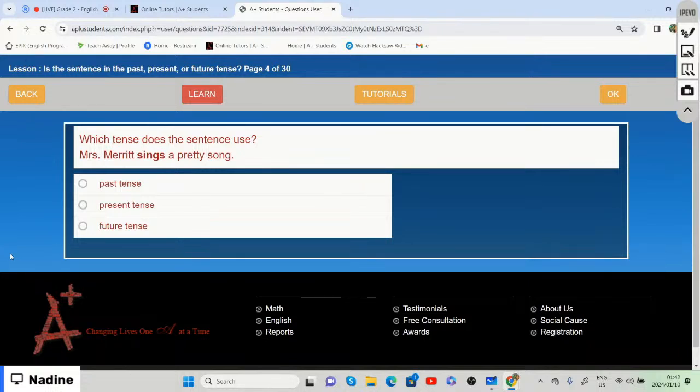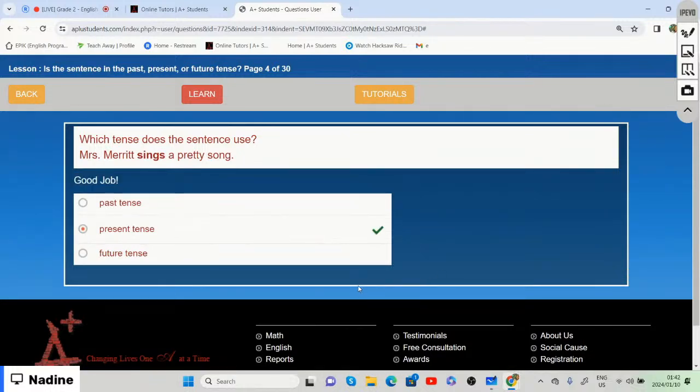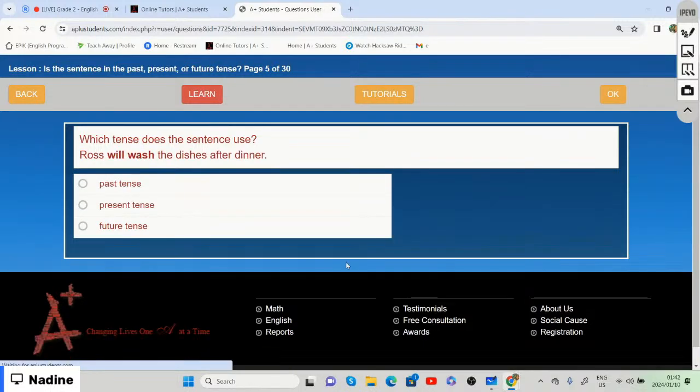It shows that she is doing it now, which means that it is in the present tense.